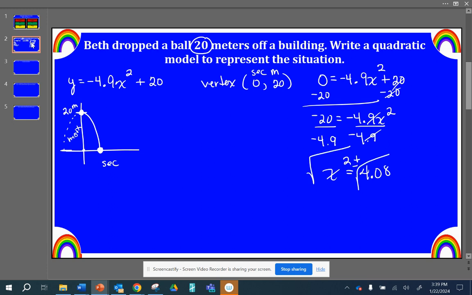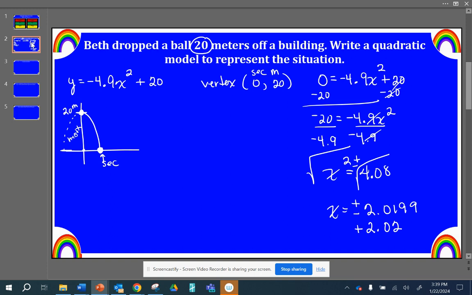In the calculator, let's take the square root of 4.08. And that gives us about 2.02, so we have a positive and a negative 2.02. I'm just going to round this to 2.02. And we just want the positive one because we're talking about seconds.